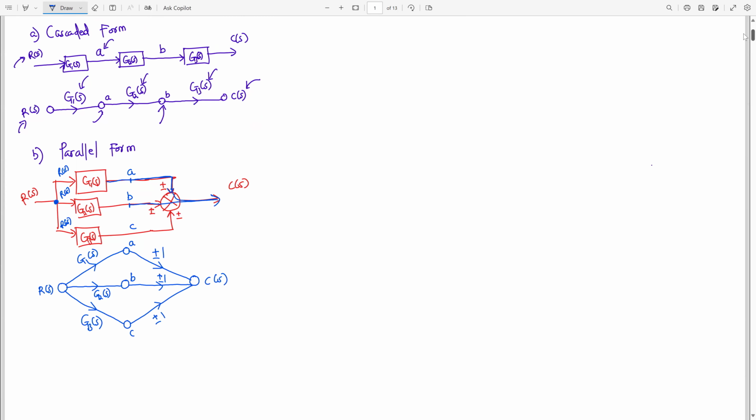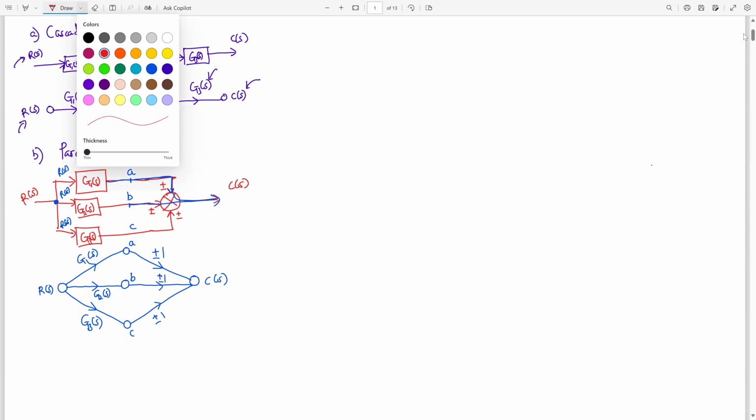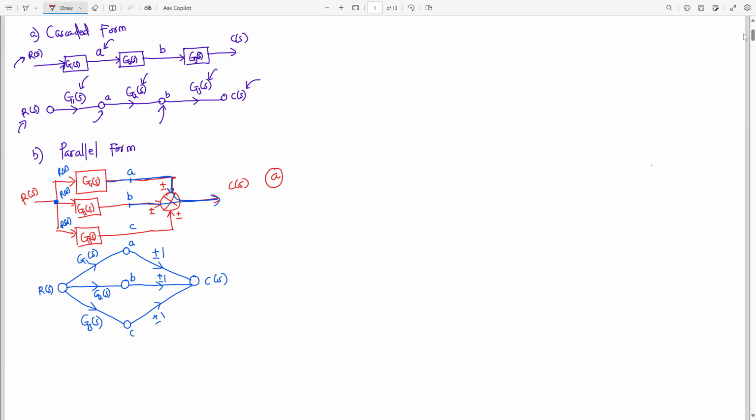The first rule of thumb I could say is, if we have signals moving away from a node, it signifies a pickup point.